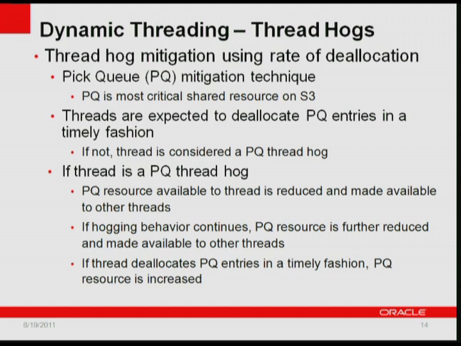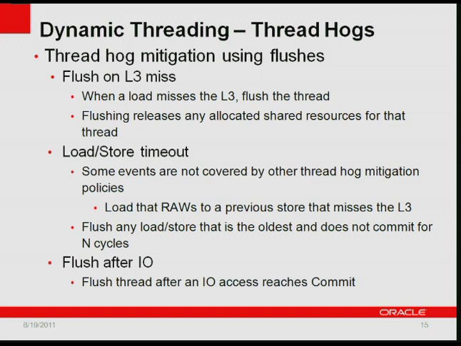For pick queue thread hogs, we reduce the maximum rate of allocation of pick queue entries to that thread. If that thread continues to remain a pick queue thread hog, that is, it continues to fail to release entries in a timely fashion, then we further reduce the rate of allocation. Eventually, that thread will start to deallocate in a timely fashion, and at that point, we'll open up and allow the rate to increase again.